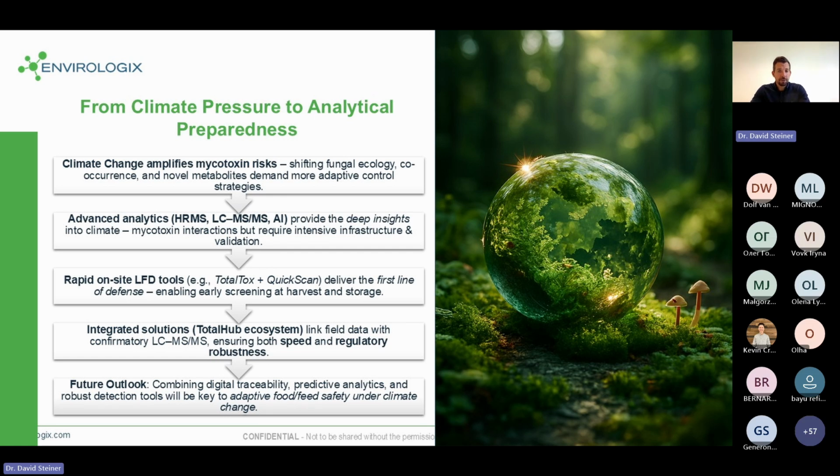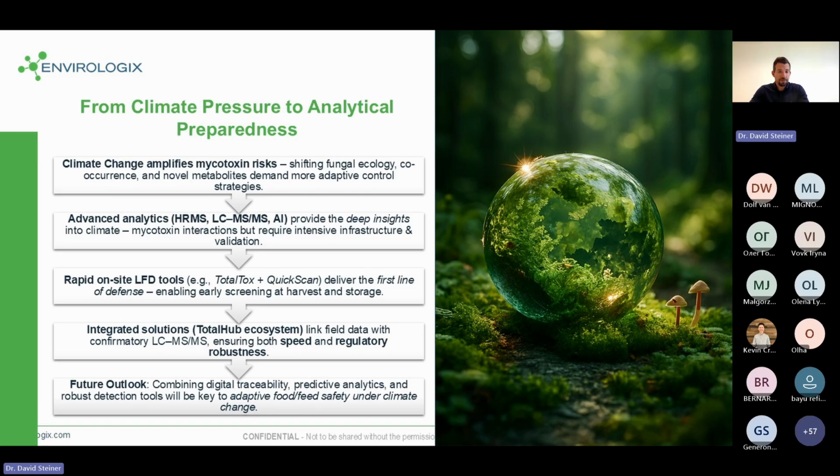Rapid field-level tools such as the TotalTox or the QuickScan LFDs provide first-line screening at harvest or storage, while advanced lab analytics with properly validated LC-MS methods, and also untargeted high-resolution MS, help to quantify multiple toxins at the same time, and also to detect hidden metabolites and link contamination patterns to environmental and climate factors.